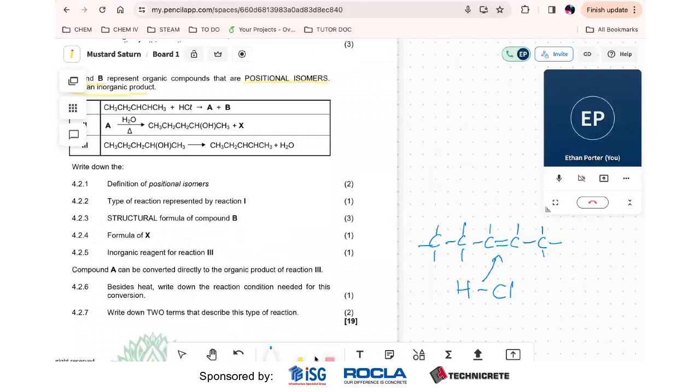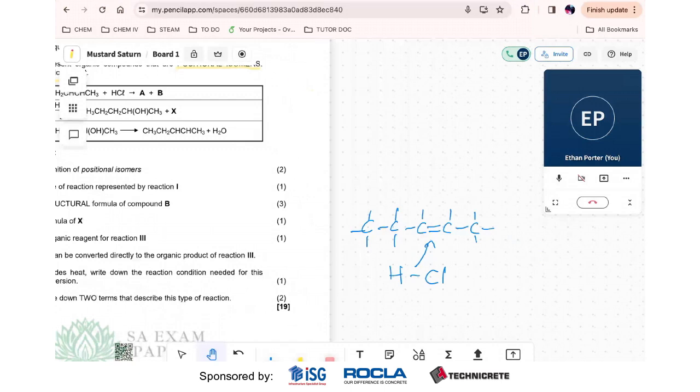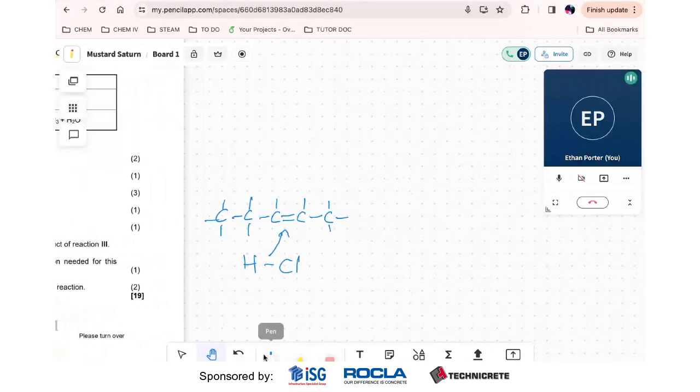So from the information they told us, A and B represent organic compounds that are positional isomers. X is an inorganic product. So what you can see is that there are a couple different ways that HCl can add across the double bond. Specifically, I'll just say R to represent that, and we'll call this R1 just to make it easier.